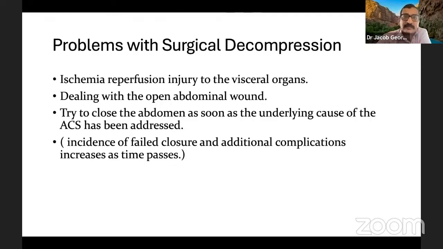But the problem is that once you do a decompressive laparotomy, you can end up with ischemia reperfusion injury to your visceral organs. You have to deal with infections of the open abdominal wound, and the patients can lose a significant amount of fluids when your abdomen is kept open. So you have to try to close it as fast as possible once the cause of ACS has been addressed.